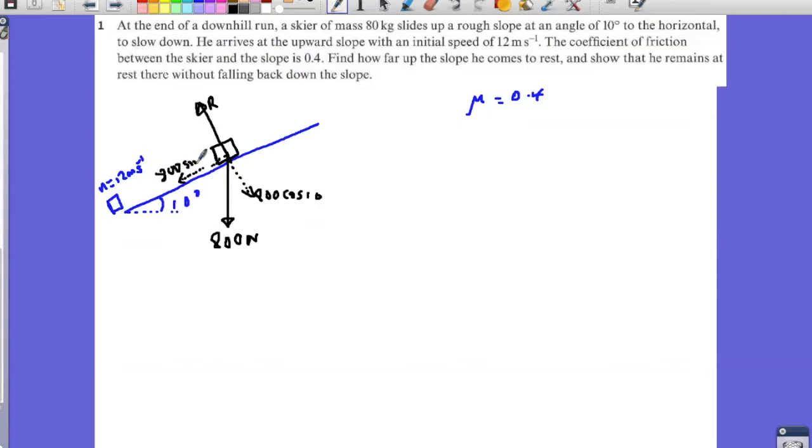And the acceleration is up the hill, a. And there is friction. I almost always forget this friction. Let's call the friction F.